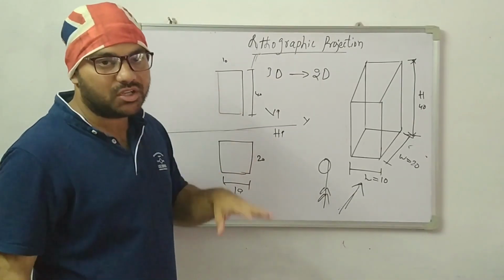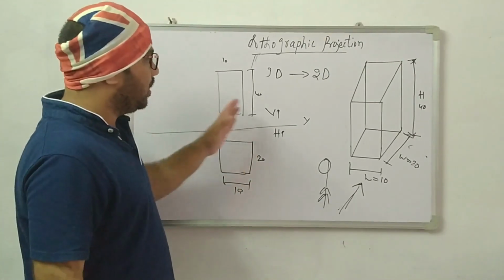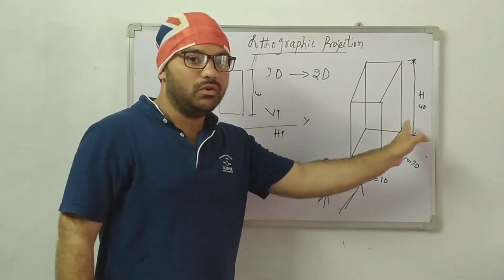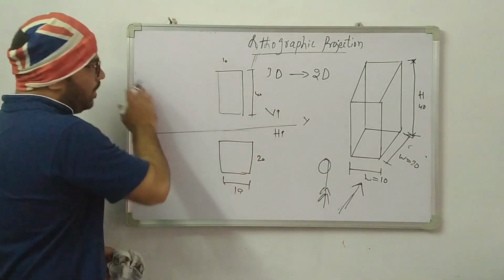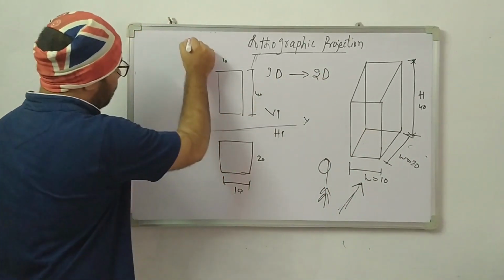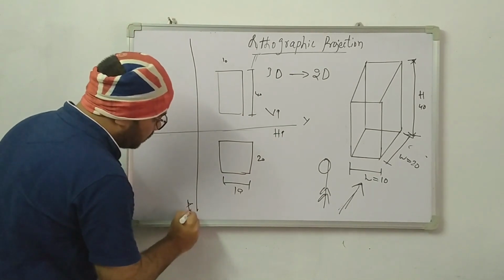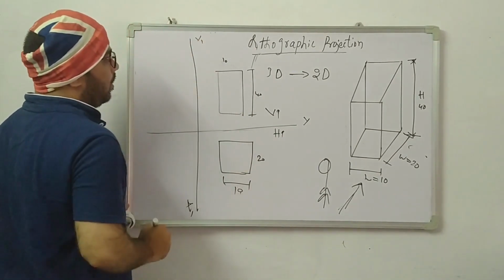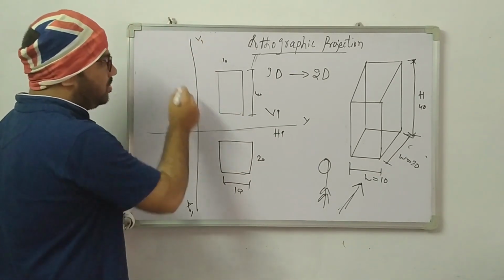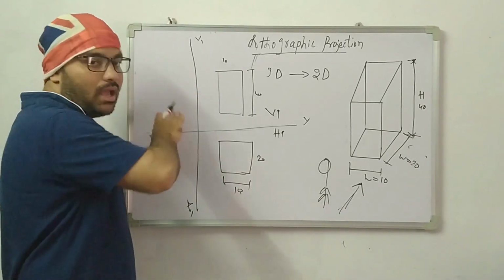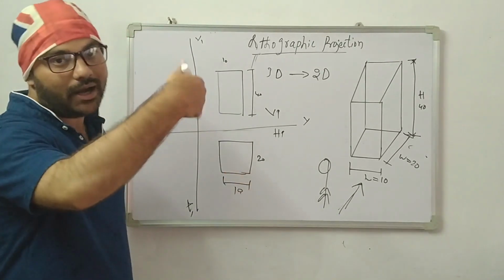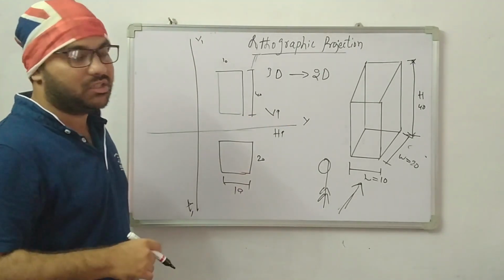As per the first angle projection, this right side view will fall on the left plane. So this is my left plane and this is my right side plane. So draw one more reference line, create another reference line. Now we are going to watch here. This is the right side view. Always, the right side view will fall on the left plane and the left side view will fall on the right plane as per the first angle projection system.